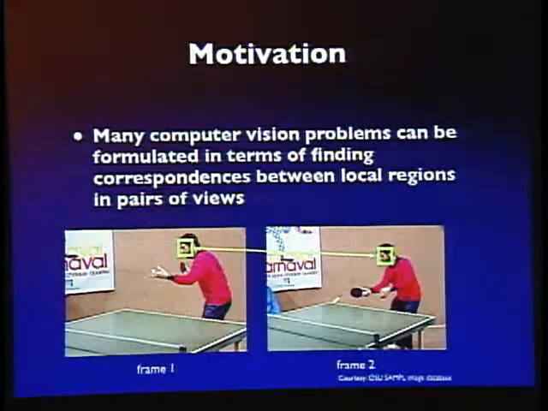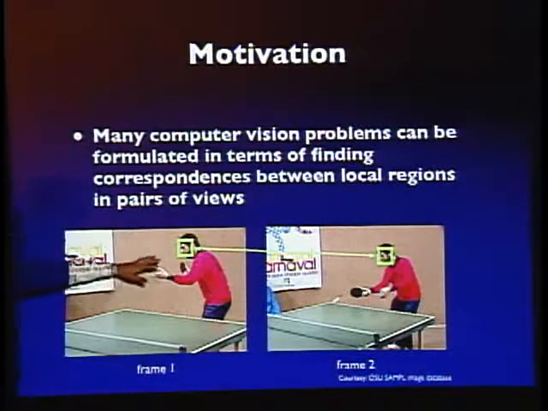The same idea applies to tracking objects in video. So this is something that comes up a lot in things like sports, for example, and also advertising and games, where what you want to do is for each frame in a video sequence, for example, of somebody playing ping pong, identify what pixels in the first frame correspond to what pixels in the second frame.